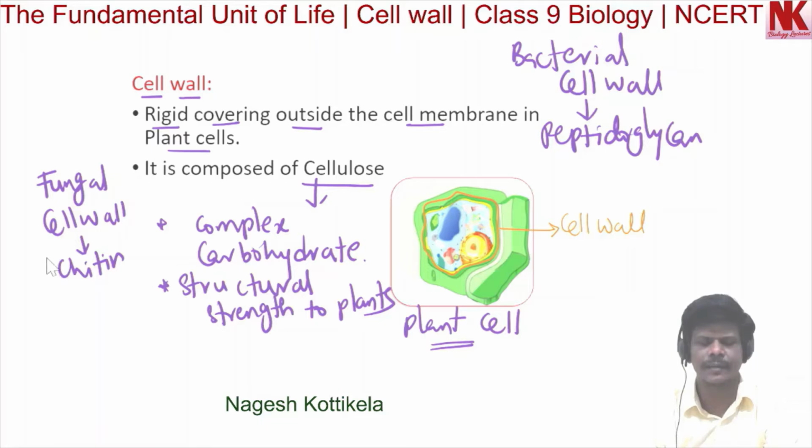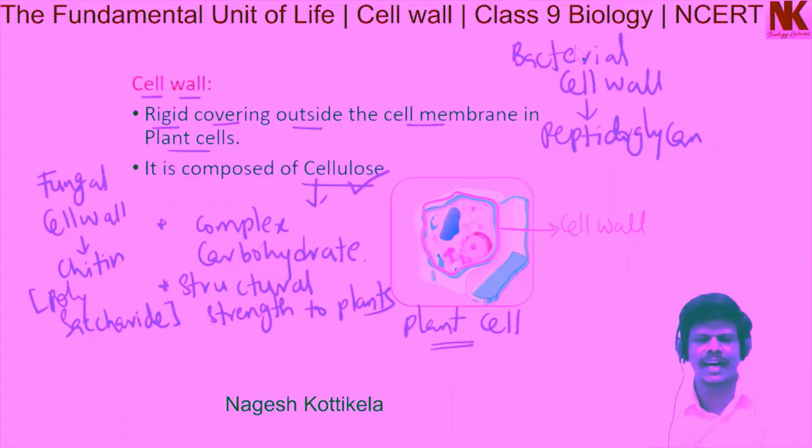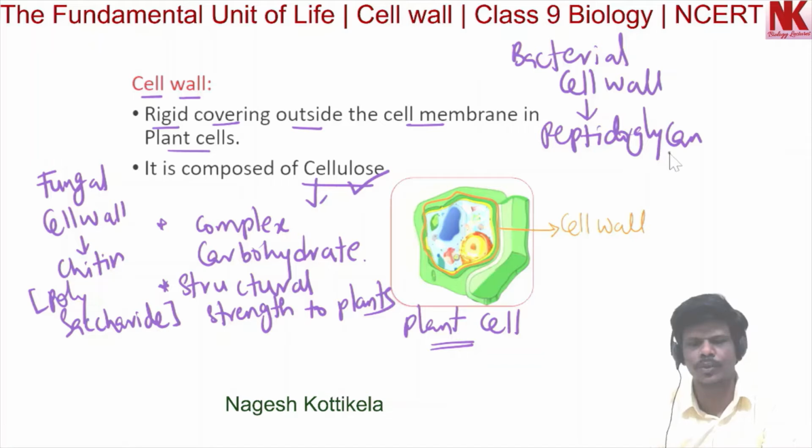Chitin is a polysaccharide. Okay, I repeat this here. In case of plants, cell wall is made up of cellulose. In case of bacteria, cell wall is made up of peptidoglycan.